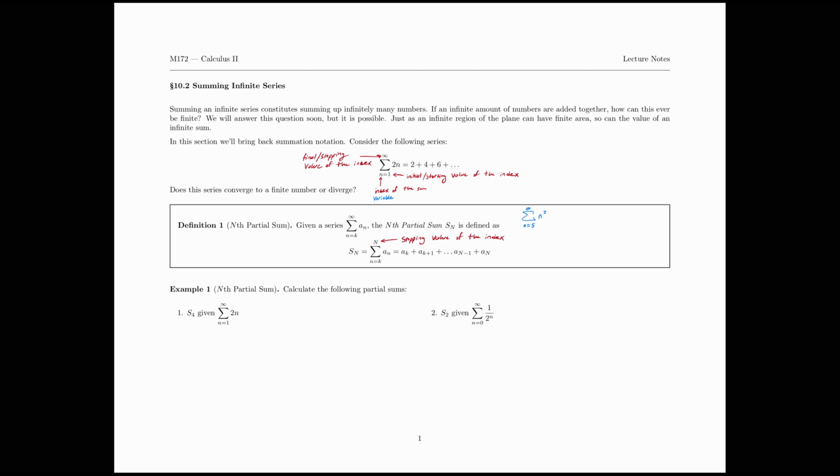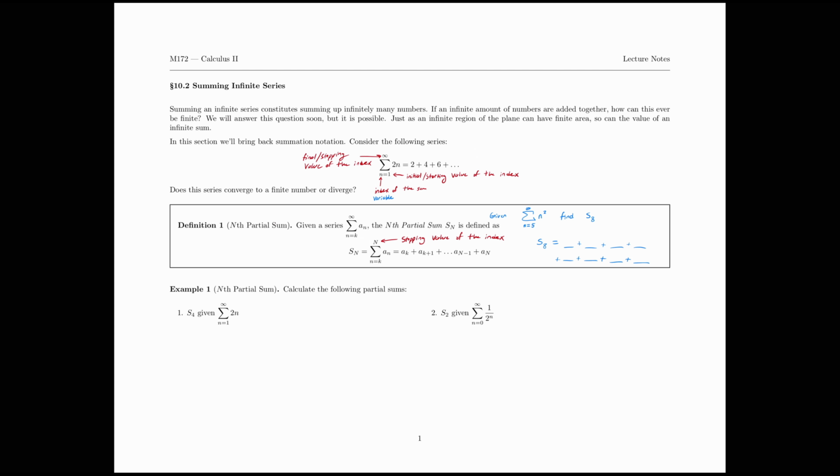And I ask, given this series, find S sub 8. A very common misconception, and we see this a lot, is that students, or first-time learners, will assume that this notation S sub 8 means add up the first 8 terms of the series.